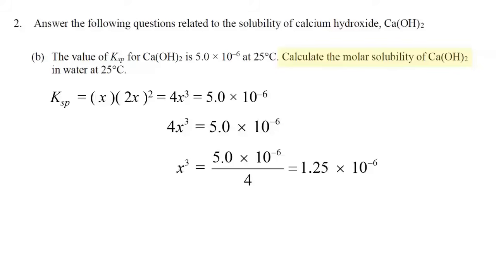Now we'll take the cube root of that number to solve for X. So X is equal to the cube root of 1.25 times 10 to the negative 6. And this is the concentration or the solubility of this entire compound. 0.010772 moles per liter. I'm going to round that off to two significant figures. So I'll say 0.011 moles per liter.